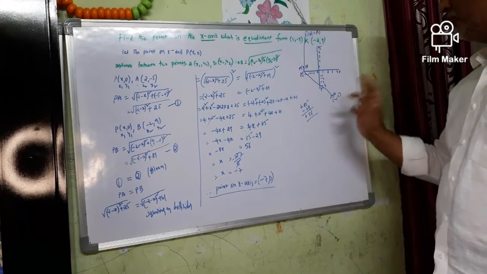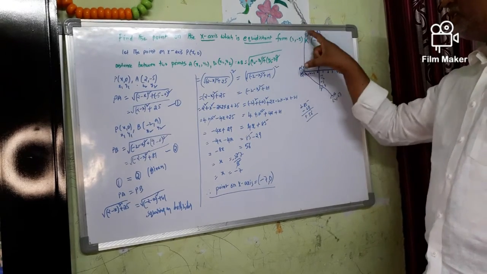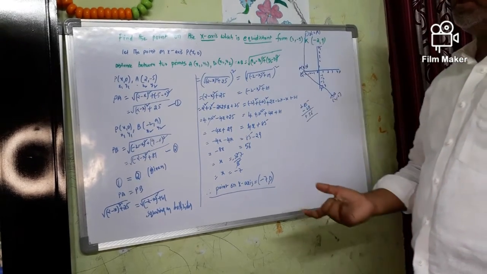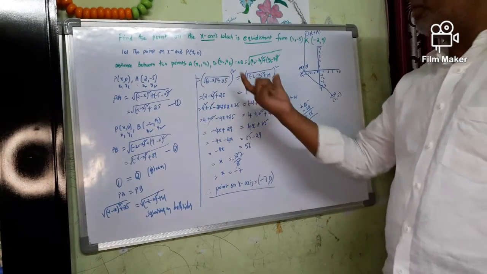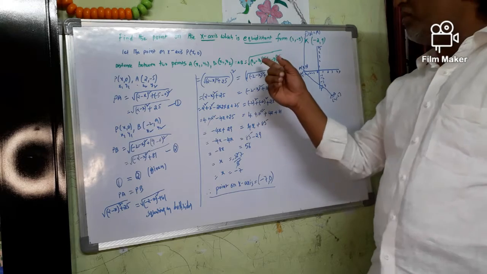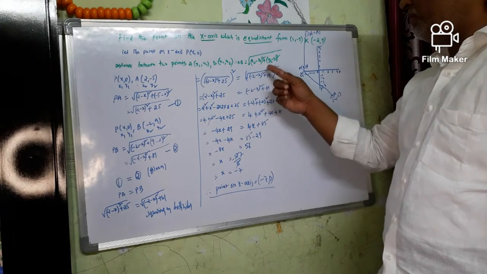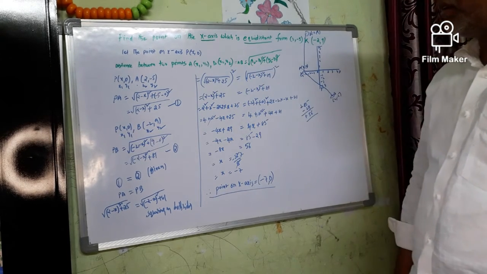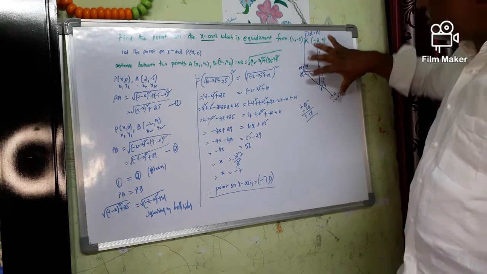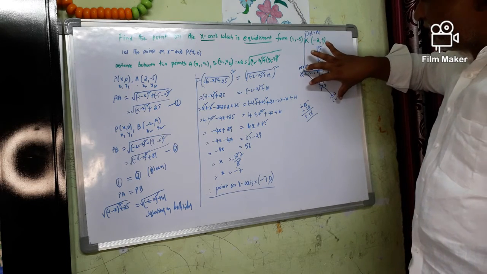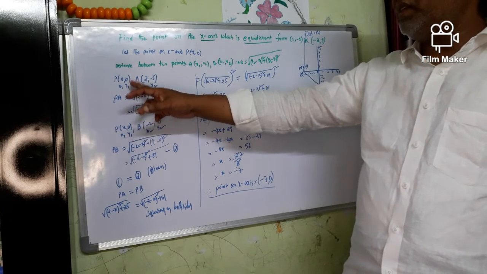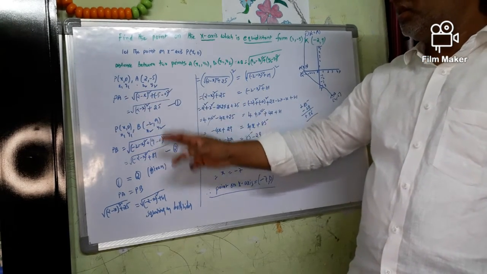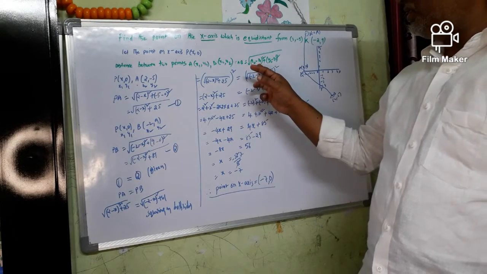Now join them. These two distances are equal. We know the formula to find the distance between two points is the square root of (x2 minus x1) whole square plus (y2 minus y1) whole square. First choose the two points A and P, mark x1, y1, x2, y2, and put these values in the formula.